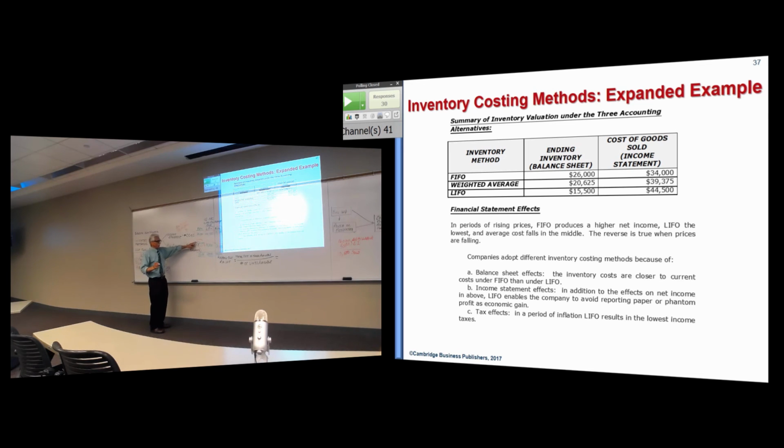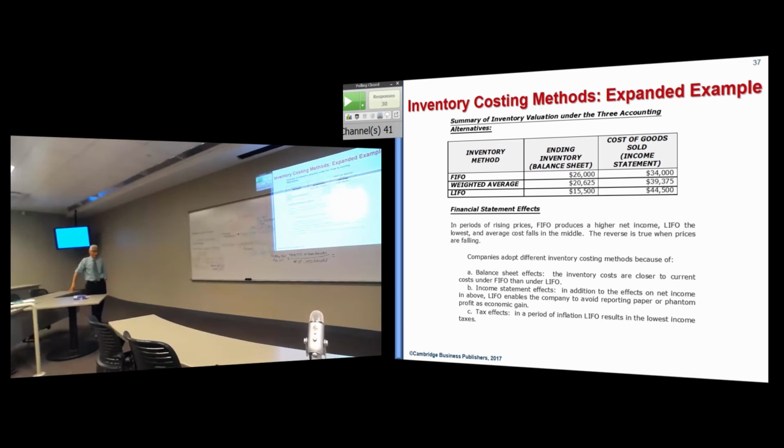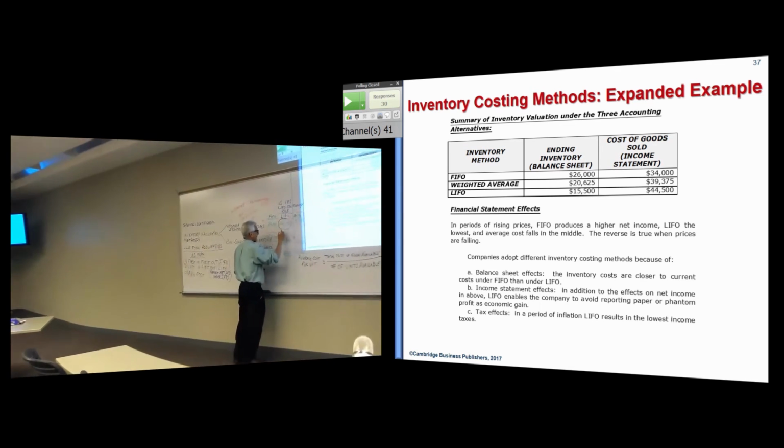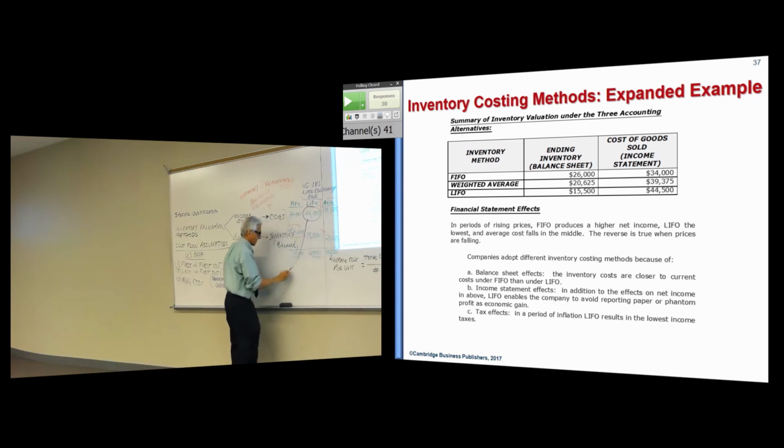So this better measures inventory, so that inventory is carried at a value that approximates replacement cost. On the other hand, if I was thinking about matching and satisfying an income statement objective, I would use LIFO.